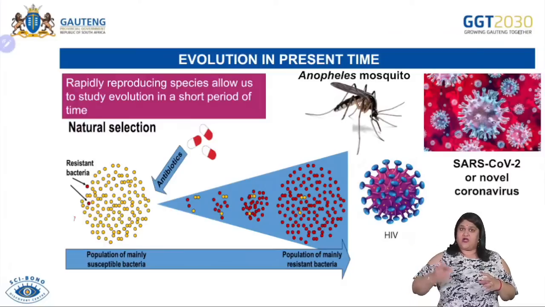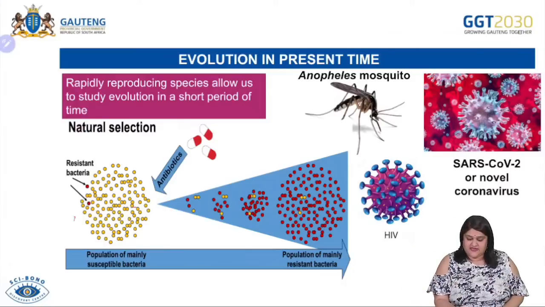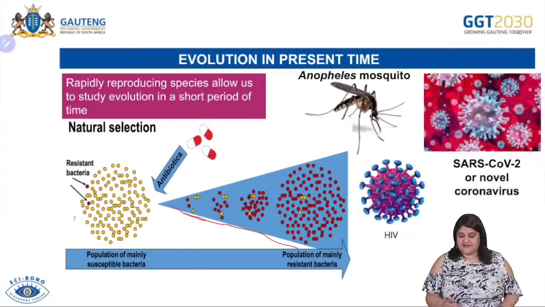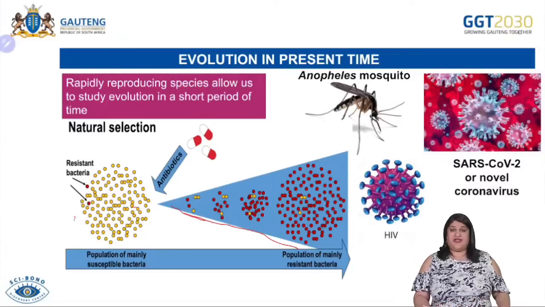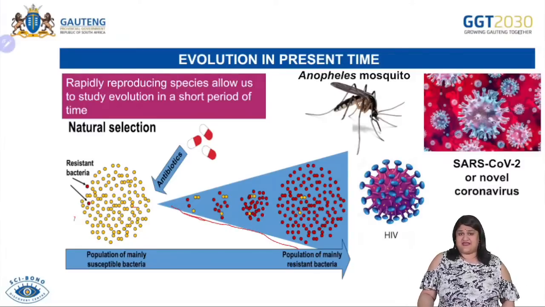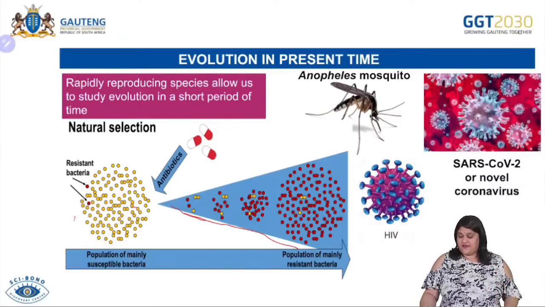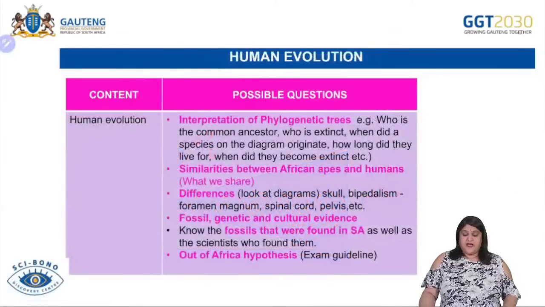And then you carry on administering the antibiotic. As you can see here, as you carry on administering the antibiotic, the red ones become more and the yellow ones become less, which means that over time the population is going to become more resistant. And this is the reason why some drugs don't work anymore, because the population is becoming resistant to the antibiotic.